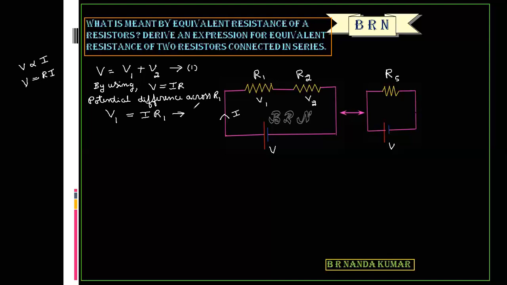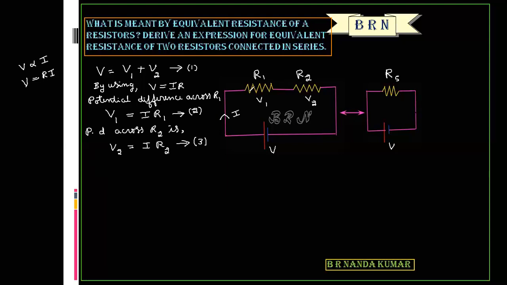Call this equation number 2. And the potential difference across R2 is V2 is equal to, actually here I is constant because the current flowing through R1 and the current flowing through R2 are the same, I into R2. Call this equation number 3.